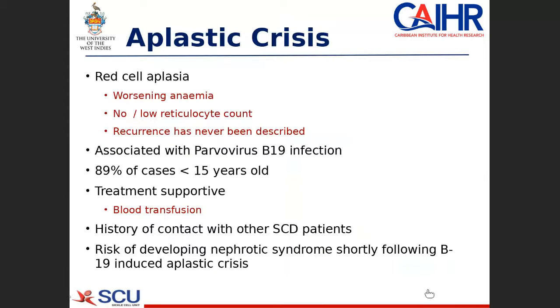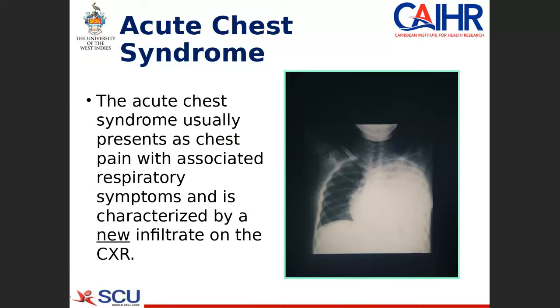Acute chest syndrome. Can anybody tell me what acute chest syndrome is? Okay, so acute chest syndrome is basically an acute onset of respiratory signs and symptoms associated with a new infiltrate on chest X-ray. Can anybody tell me why we call it acute chest syndrome and not just simply a pneumonia?